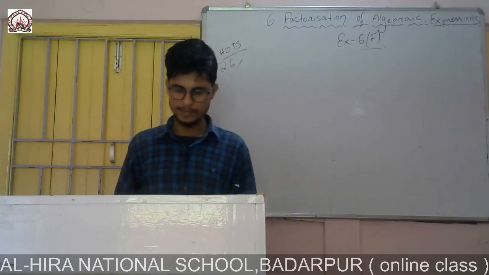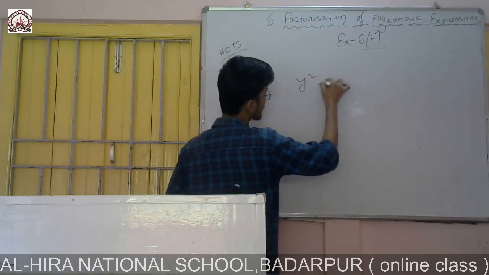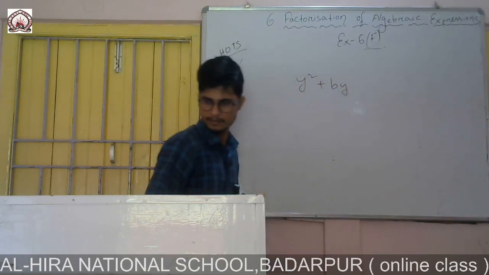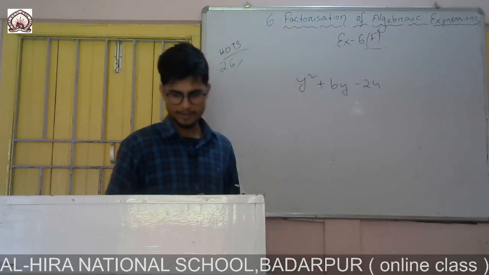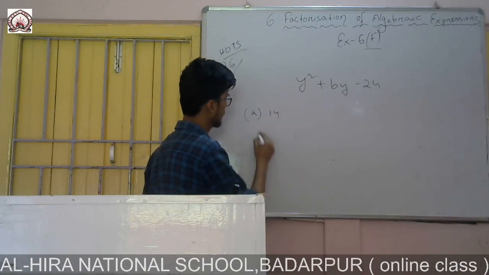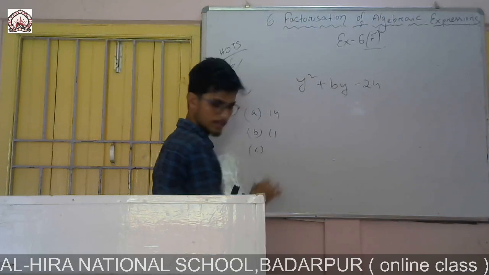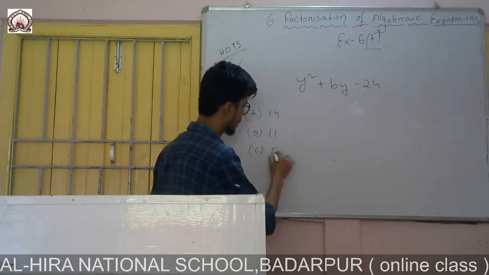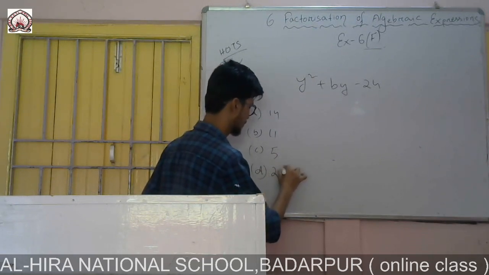It is given, which value of b would make y square plus by minus 24 factorable. So there are some options given. A is 14, B is 11, C is 5, and the last one D is 25.